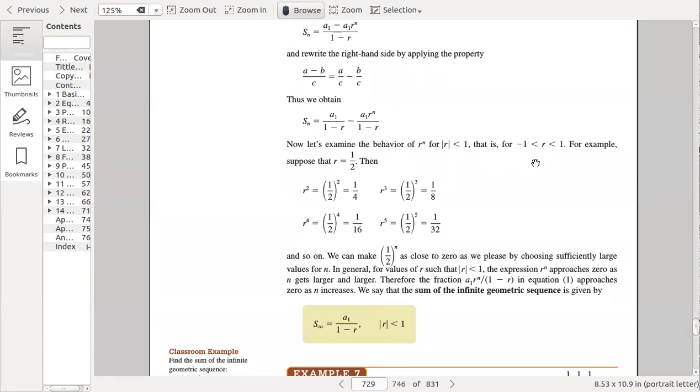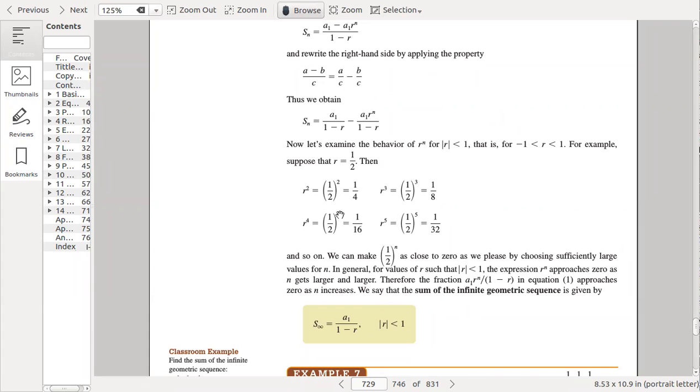For example, if the common ratio is less than 1, that is, for r between minus 1 and 1, suppose the value of r is 1 by 2. Then r square is 1 by 4, which is less than 1 by 2. And r cube is 1 by 8, which is less than 1 by 4 and 1 by 2.